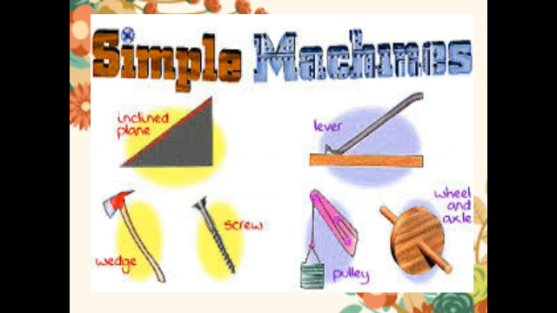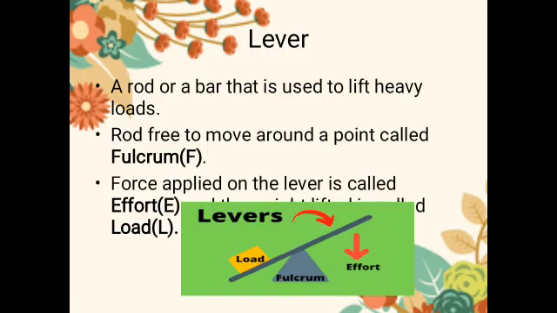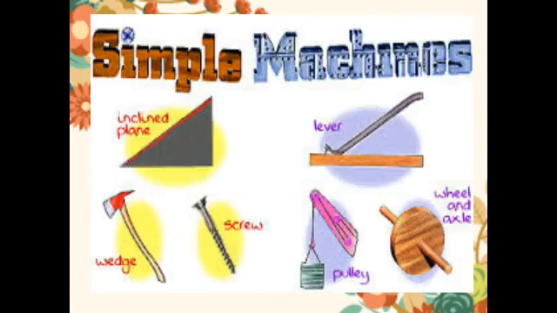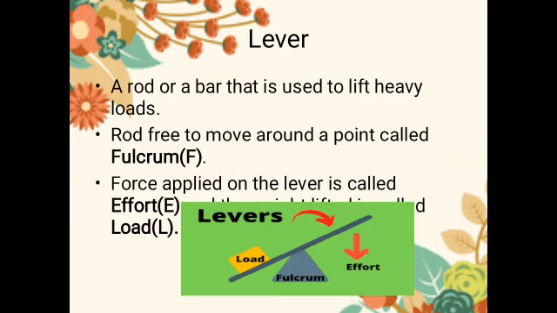And we had discussed the simple machines. The various simple machines are inclined plane, lever, wedge, screw, pulley, wheel and axle. In that we saw about the lever. A lever is a rod or a bar used to lift loads.